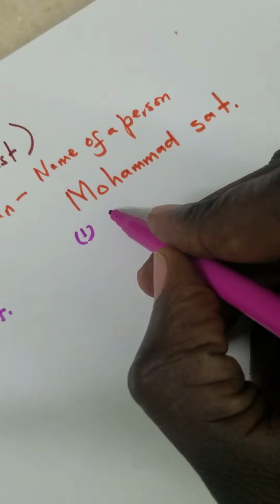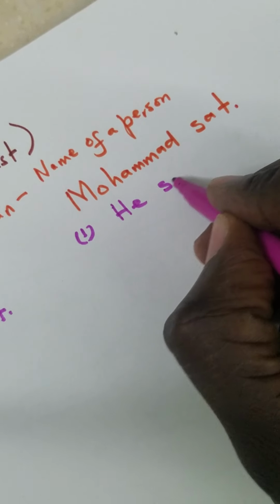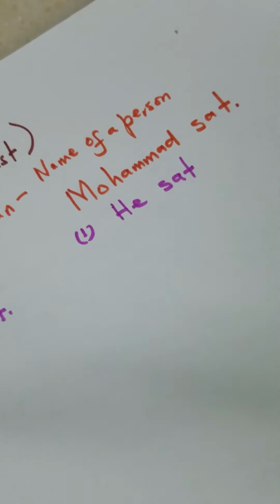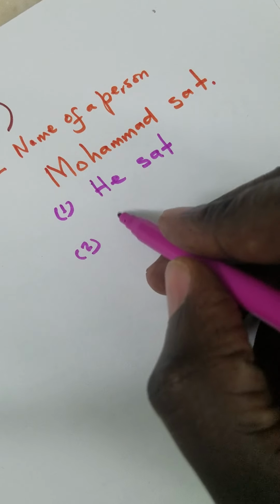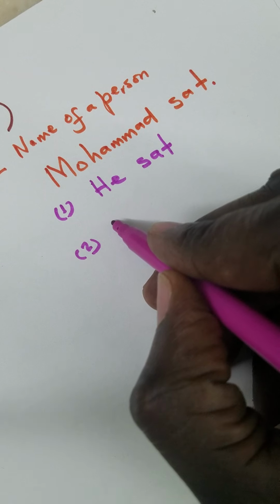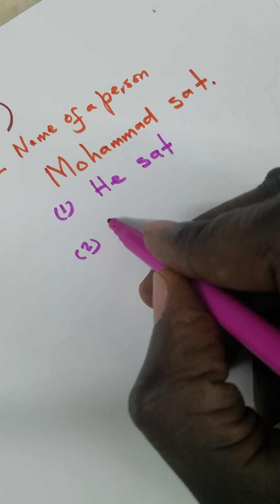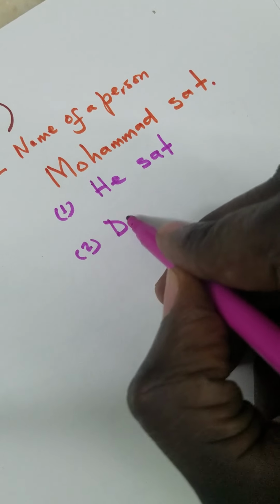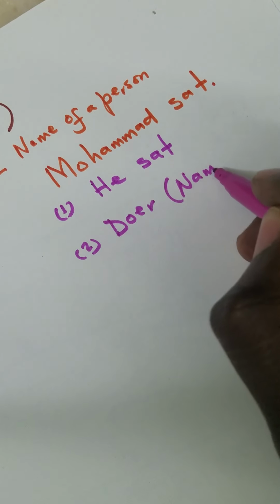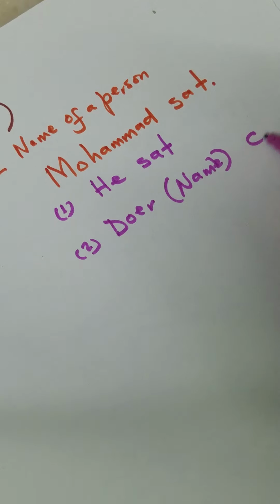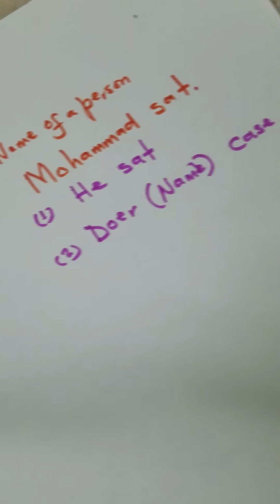You will put he sat. Then number two, you'll put the doer or name, but it's supposed to be in case one.